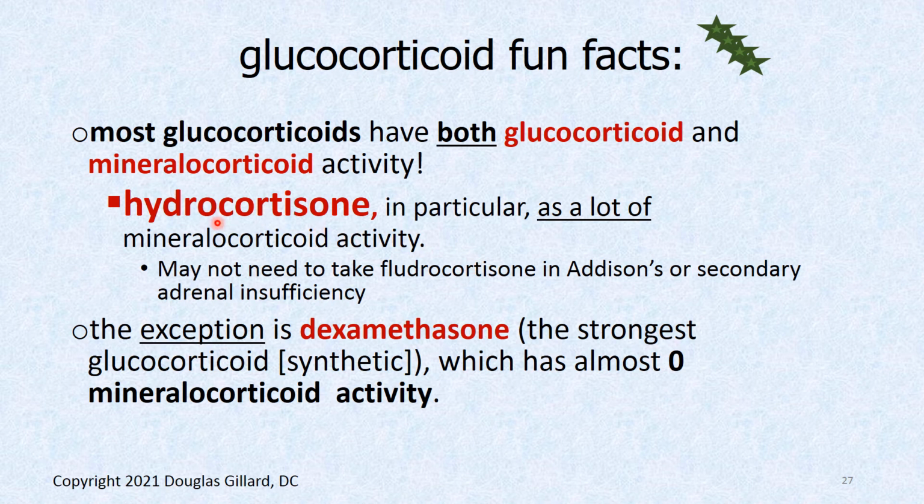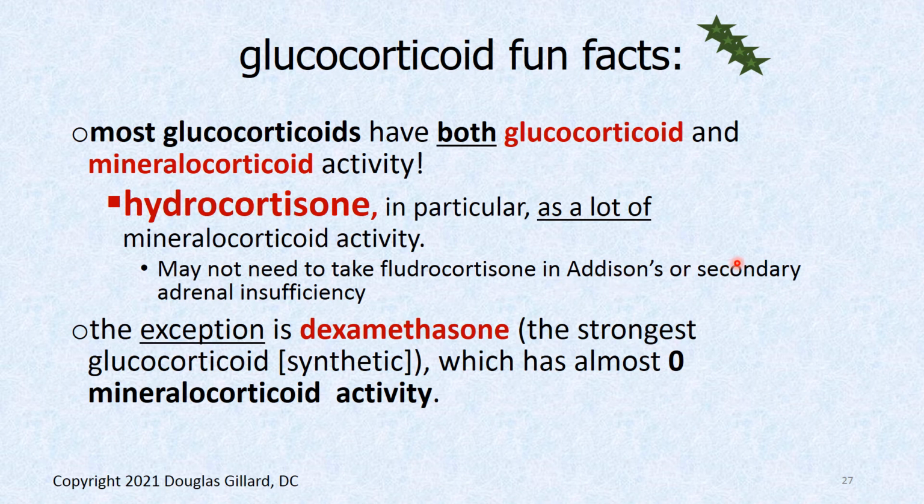But because hydrocortisone has a lot of mineralocorticoid activity, it's kind of like putting cortisol in your circulatory system as well as aldosterone. So yeah, you may not need to take fludrocortisone like you do in Addison's disease.